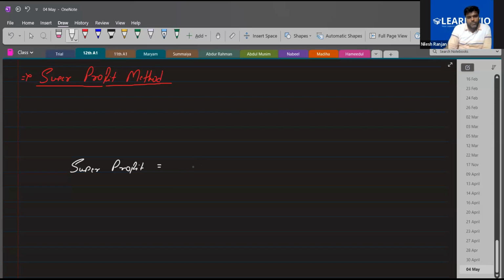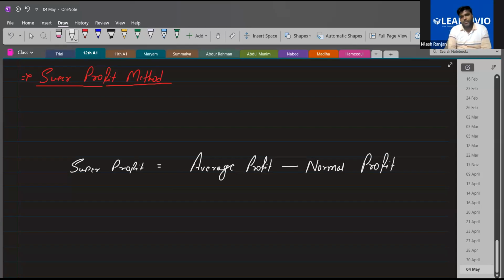Super profit equals average profit that you earn minus normal profit, what everybody is earning. Average profit can be calculated by using simple average or weighted average.